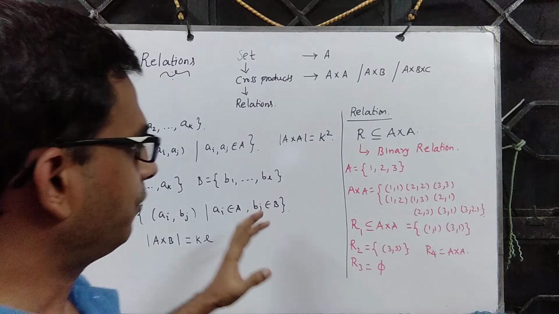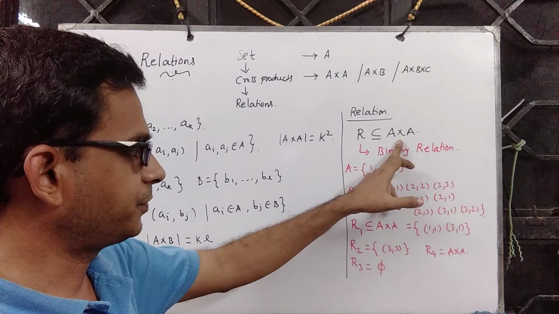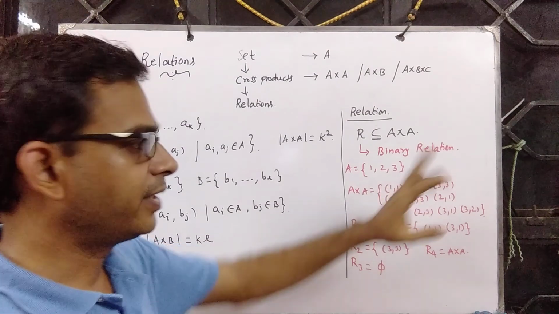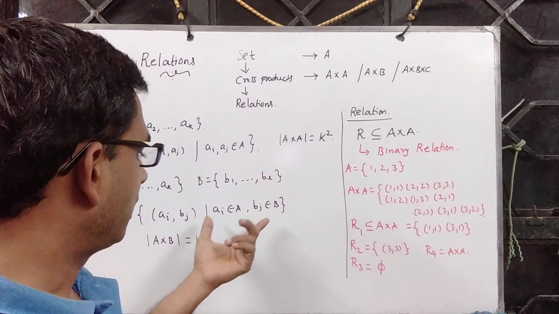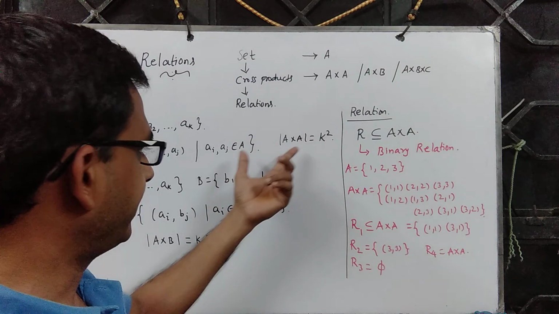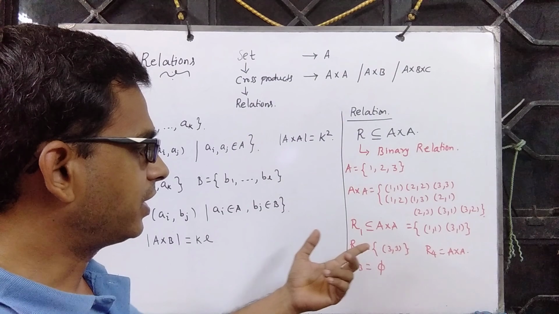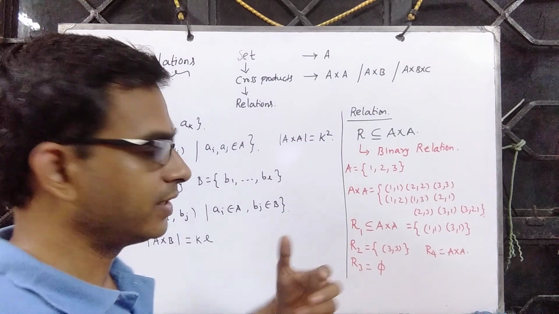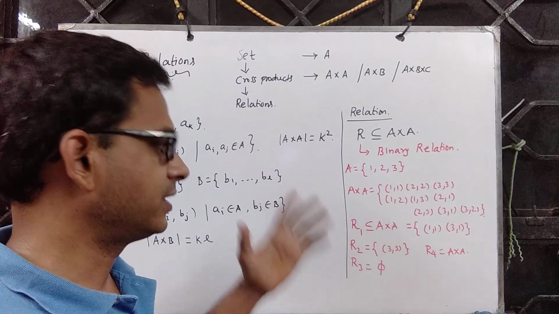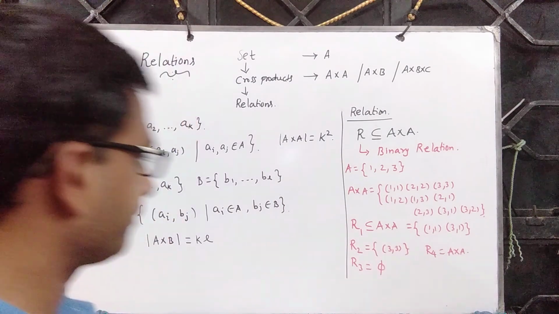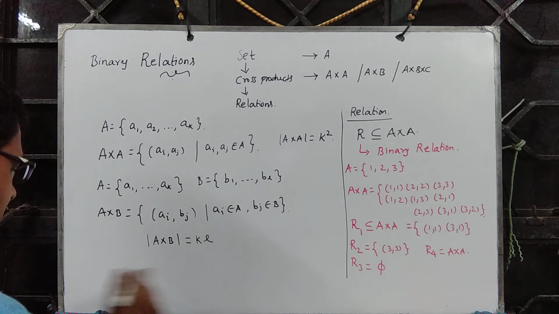Now we define another set which is a subset of A cross A or a cross product, which is called a binary relation. So just like there is a cardinality associated with A cross A or A cross B, one can talk about how many different relations are possible, how many different binary relations are possible. And this can be generalized.